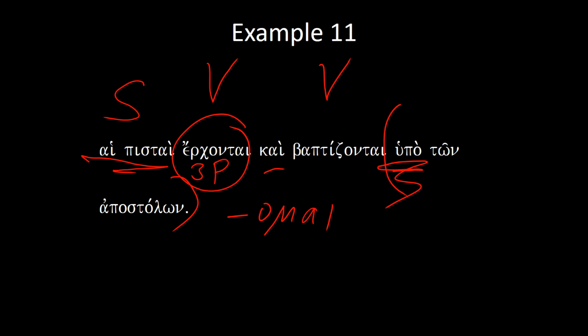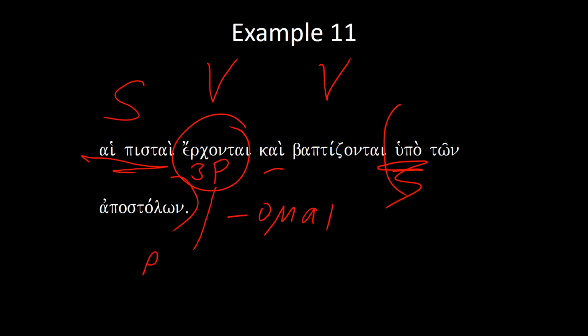So put it all together. The faithful women come, and you could either say are being baptized, or if you want to repeat the subject that's built in, you could. And they are being baptized by the apostles. So how would I parse these? Well, erkentai we said is a deponent.